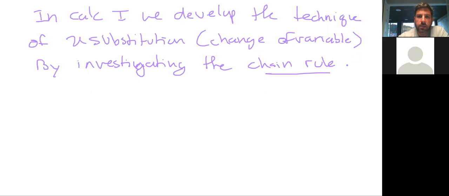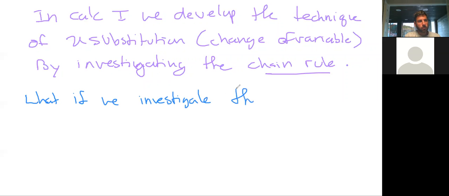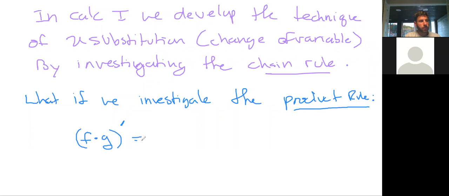And so that suggests maybe we should look at one of the other rules we haven't considered yet, most notably, what if we investigate the product rule. You'll recall the product rule says the derivative of f times g, we can write in prime notation as f prime times g plus f times g prime.